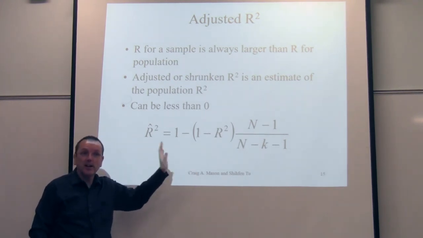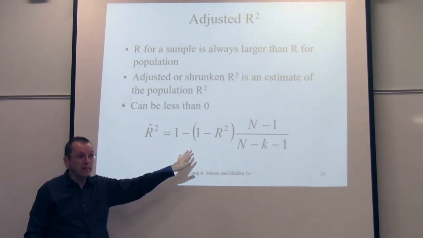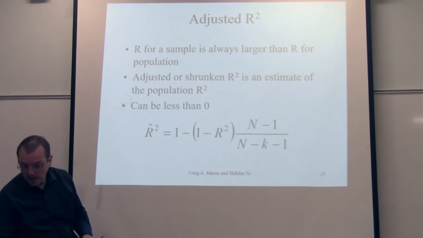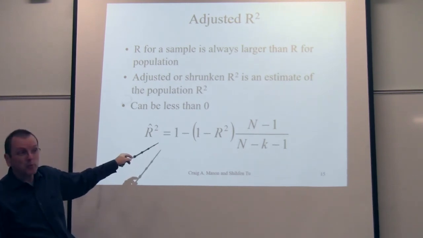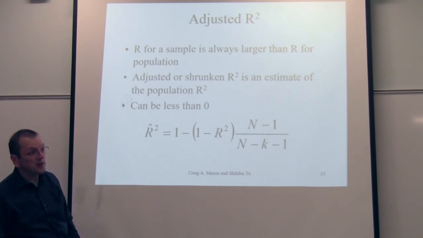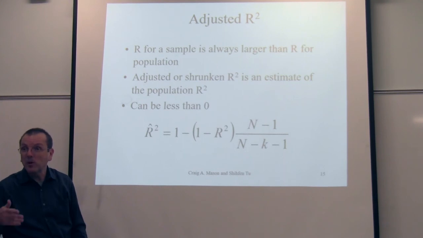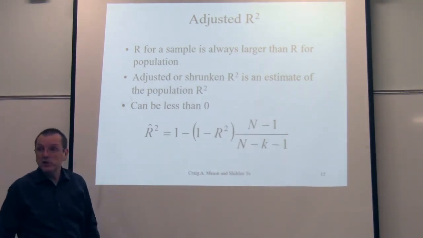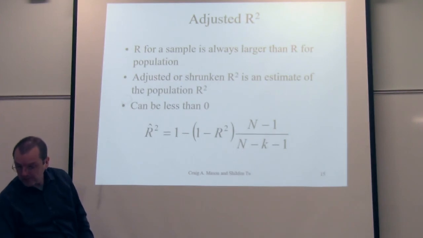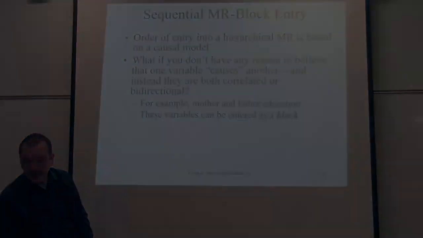But you'll see it. I just wanted to put it out there so you're aware of what it is and why you see it on just about every computer software output. And you may wonder, why is it that no one ever talks about it? Well, because typically the difference is so small, it's just easier to stick with the R squared. Okay? One other thing, now this takes a little bit more.